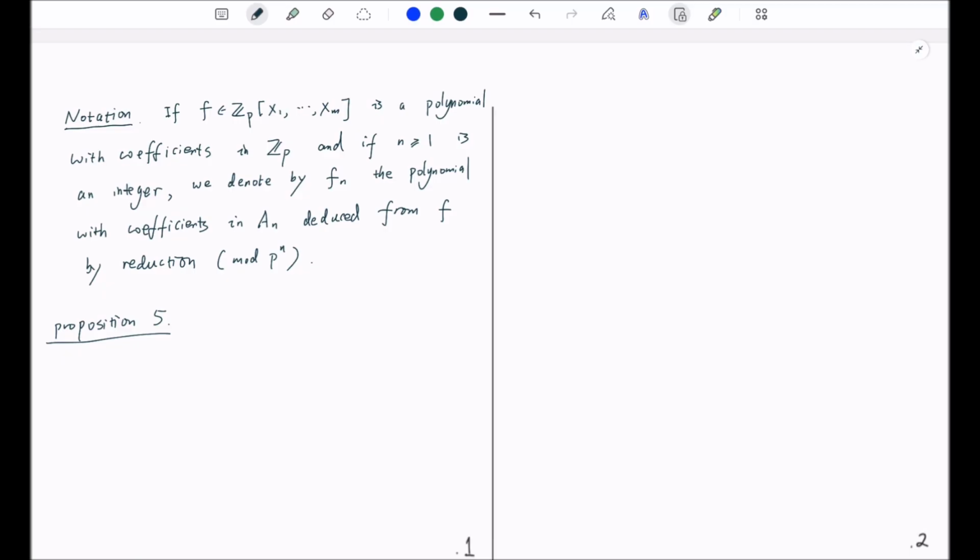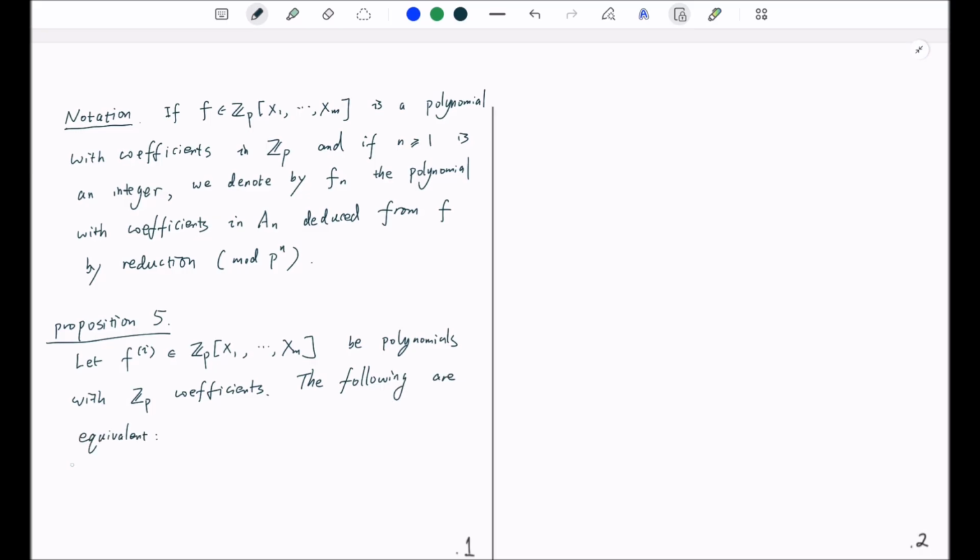Let f superscript i, where i is an index, be a family of polynomials in m variables over Z_p. In case some people may get confused, this is not the i-th derivative. The following two statements are equivalent.